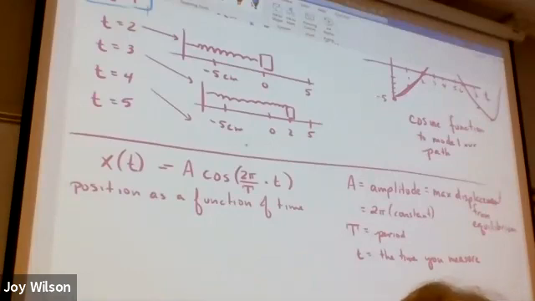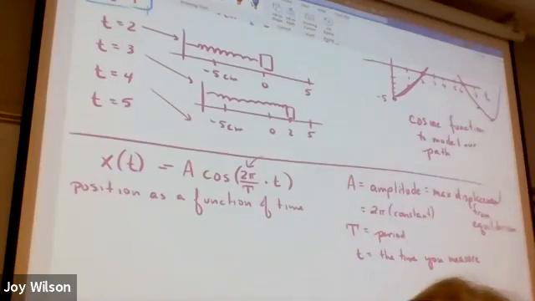Some of you have had this piece in your math class and some of you have not. When you're working with sine and cosine, the normal period for sine and cosine is 2 pi. But we might have to ratio it with some other number for time, depending on how long or how fast our spring does its thing.